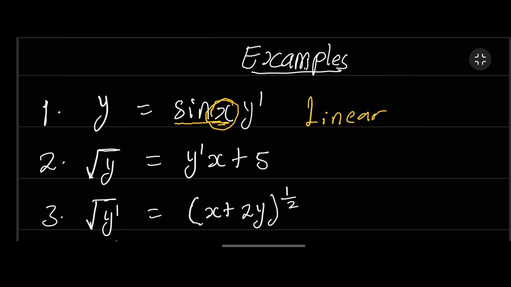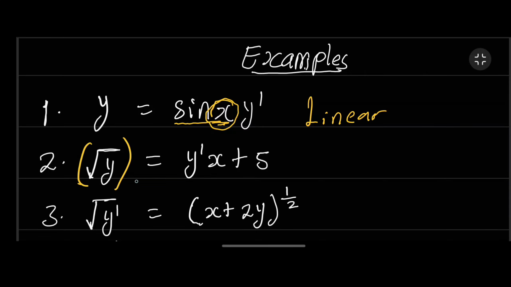The next one says square root of y is equal to y prime x plus 5. Is this linear or not? Well, let's check. Does y have an exponent other than 1? Yes, y has an exponent other than 1.